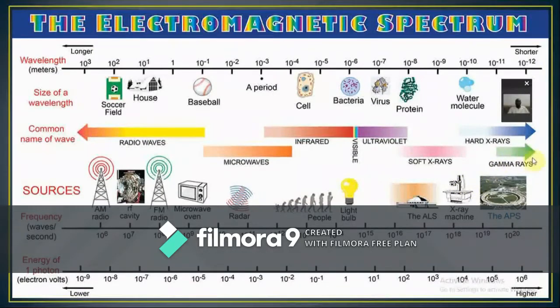And then we have the gamma rays. So we see here, the radio waves have the longest wavelength but lowest frequency and energy, while gamma rays have the highest frequency and energy, but the shortest wavelength.